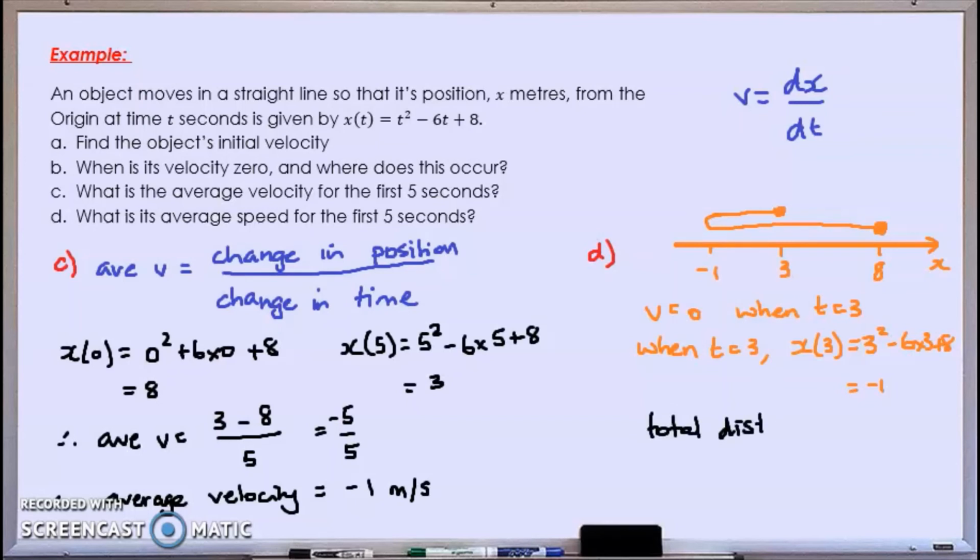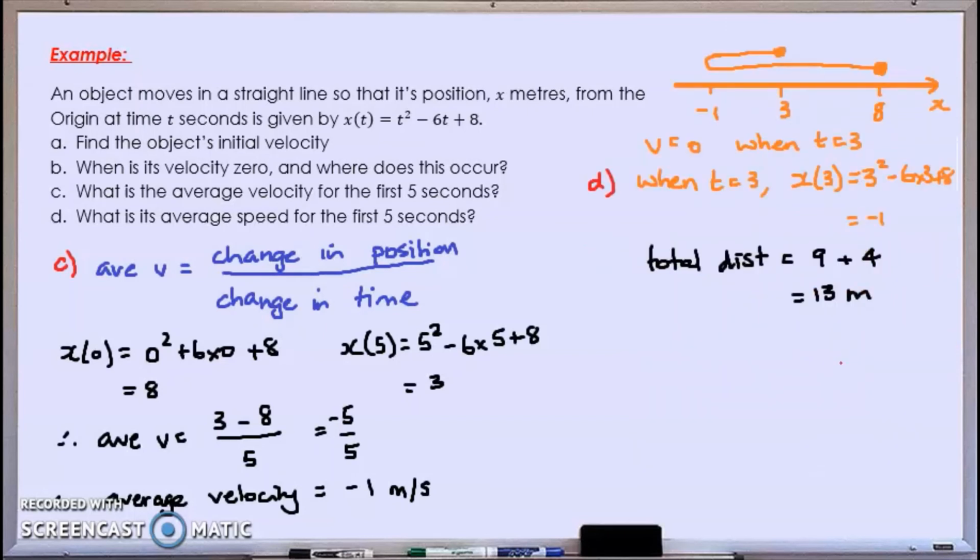So my total distance equals from 8 to -1, which is 9, plus from -1 to 3, which is 4, which is 13 meters. My time is 5 seconds, and my average speed considers the distance over time and not just the change in position. So my average speed, let's write this down, equals the distance travelled over the time.